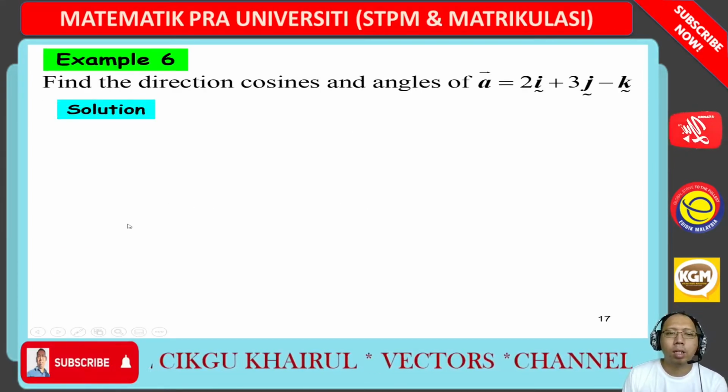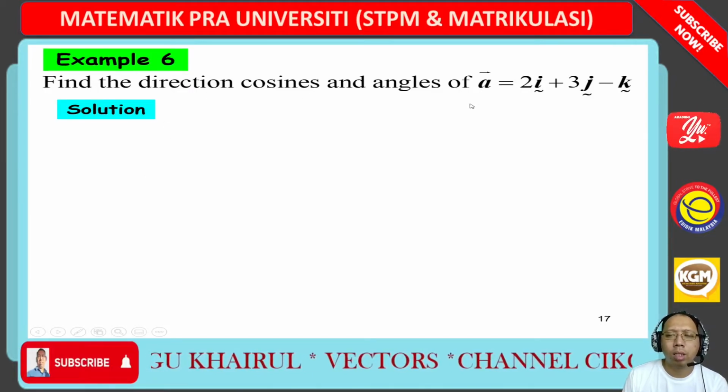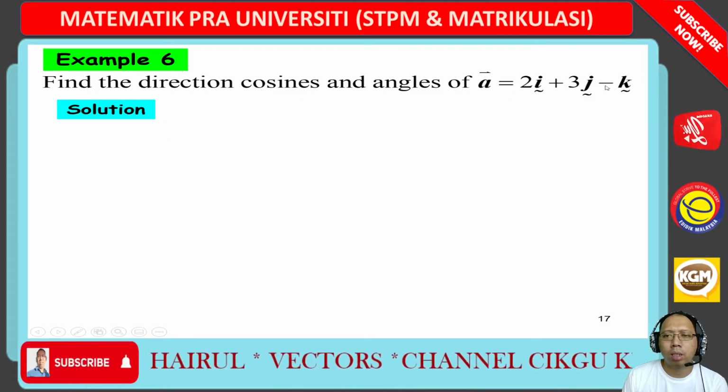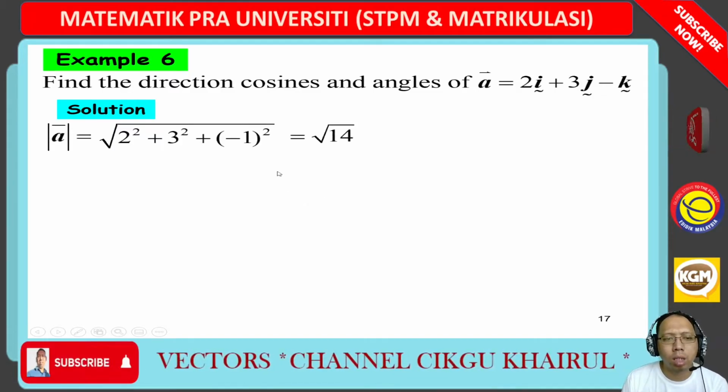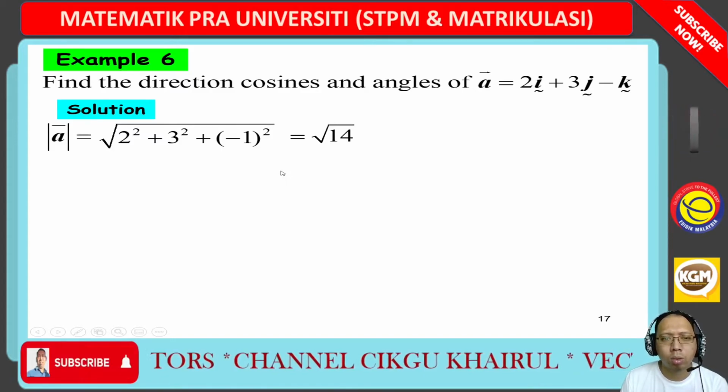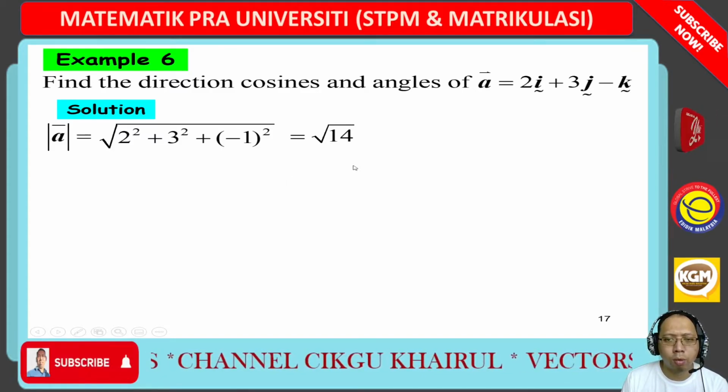Okay, find the direction cosines and angles of vector A, 2i plus 3j minus k. Magnitude of A is 2 squared plus 3 squared plus -1 squared, equal to square root of 14.